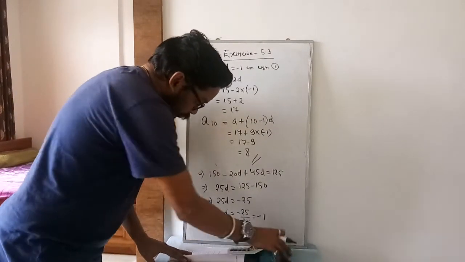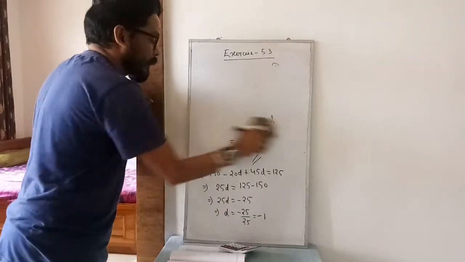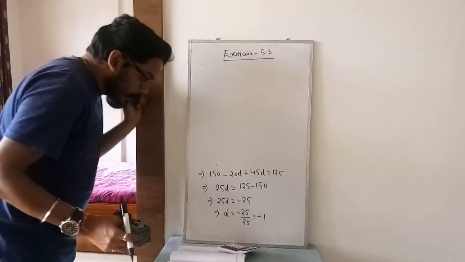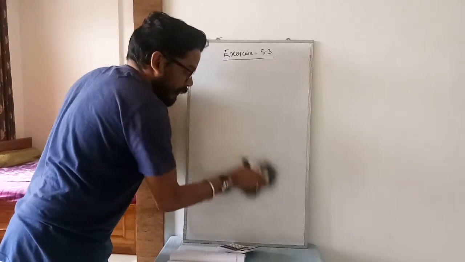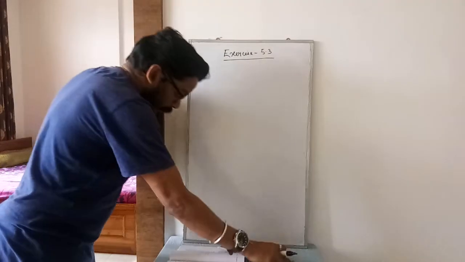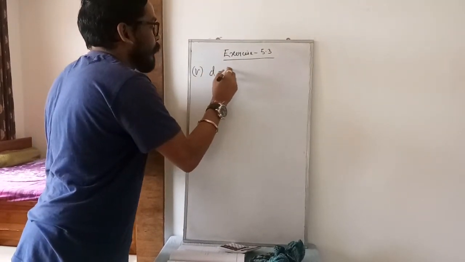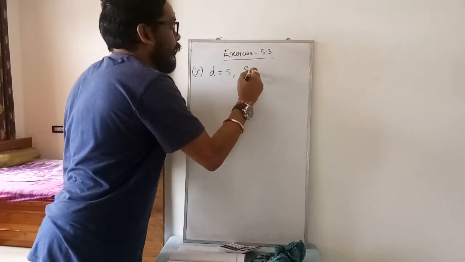Next we will go for question number 5. So question number 5, what did they say? They have given the d value and S9. d equal to 5 and S9 is how much? 75.